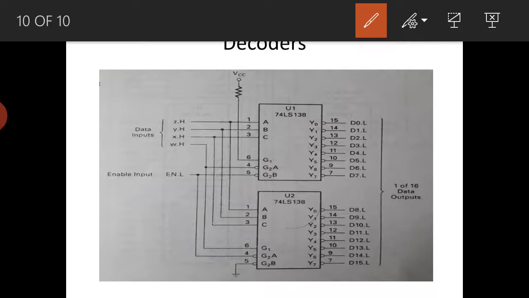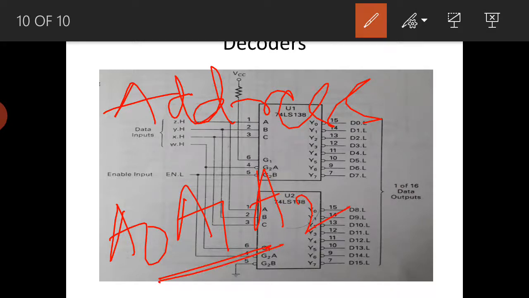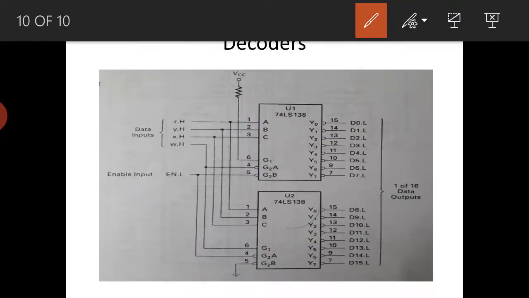These inputs A, B, C are the address lines, A0, A1, A2. By using address lines, we generate the chip selects. That is the logic behind decoders. By using decoders we can select the different peripherals to communicate in the system.